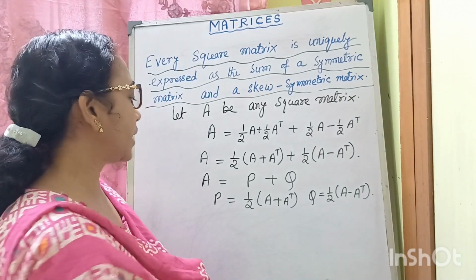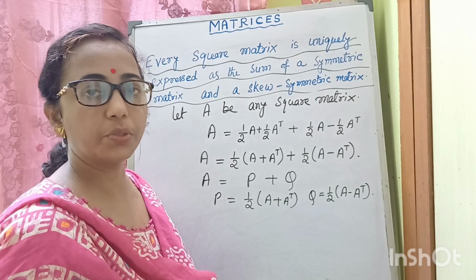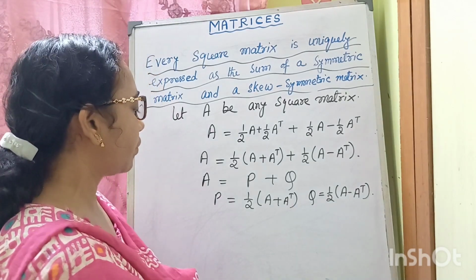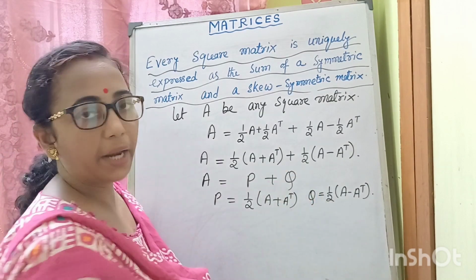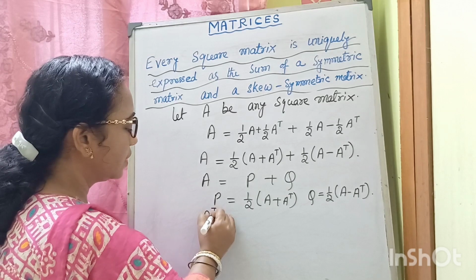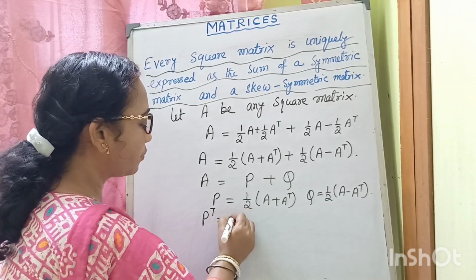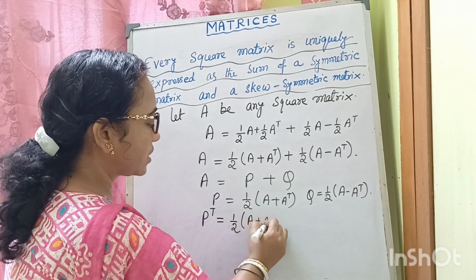Now we need to show that P is a symmetric matrix and Q is a skew-symmetric matrix. For that we need to show P is equal to P transpose and Q is equal to minus Q transpose. Let us find the transpose of P. The half remains the same, and we take the transpose of A plus A transpose.